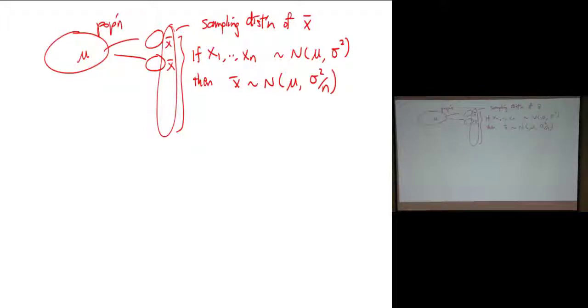Which means that we expect the sample mean to have the same expectation as the population. That's very useful. And second, the variance of x bar is equal to sigma square over n, which means it depends on two things: the variance of x, that is the variation of the population, as well as the sample size. And if the sample size gets bigger, which we can control, then the variance of x bar gets smaller.